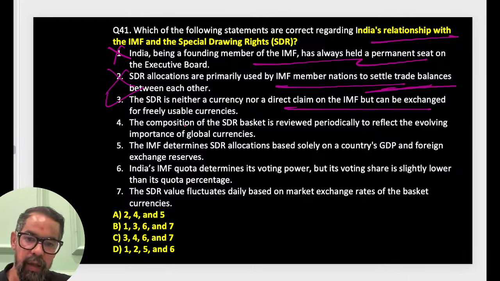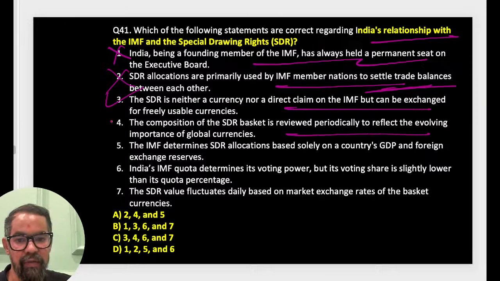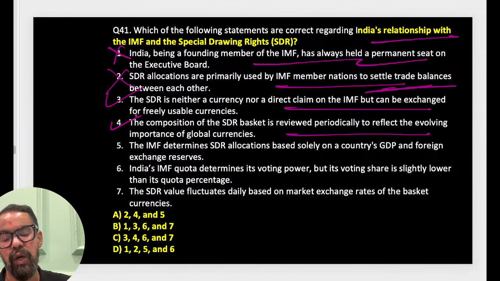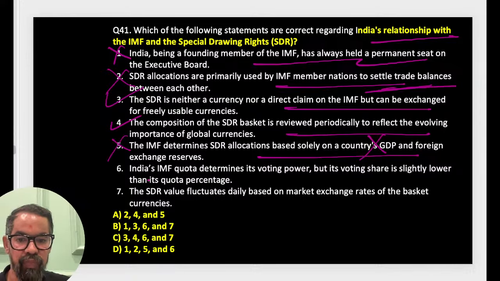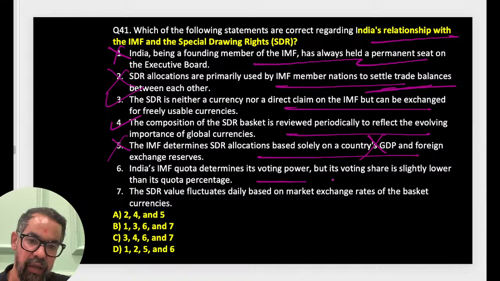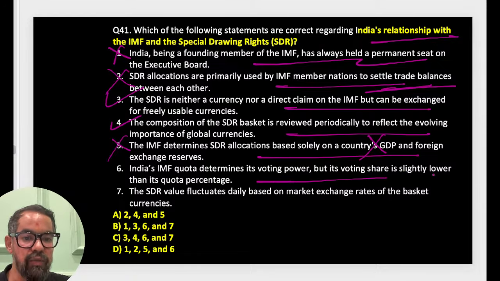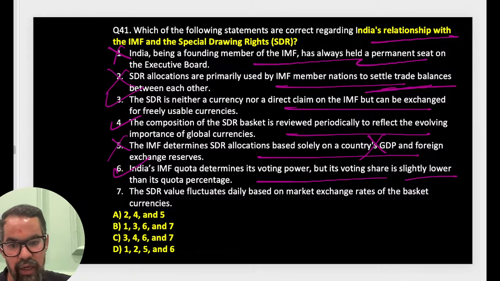Fourth one: the composition of the SDR basket is reviewed periodically, mostly every 5 years. The last one was 2022. The next one is 2027, September 2027. The IMF SDR allocation is based on country. No, it is contribution based. Okay. India's IMF quota determines its voting right, but its voting right is slightly lower than this 100%, true.